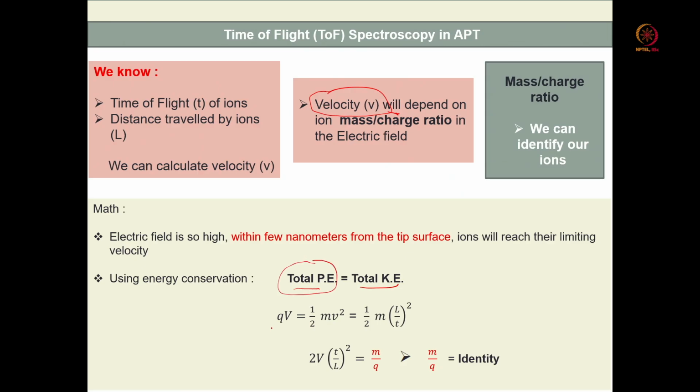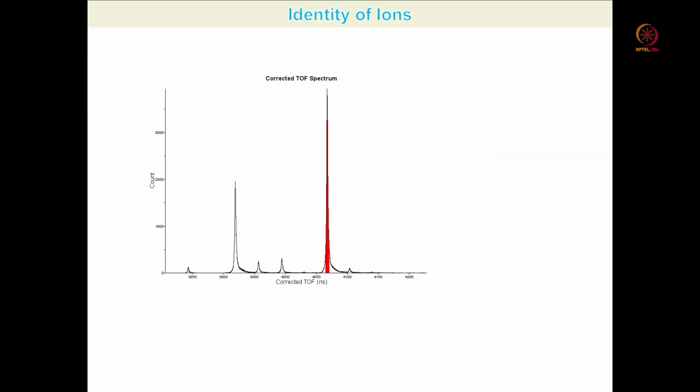Okay, and that can be given by QV, and there is a total kinetic energy, and the velocity is L by T, where T is the time taken. With this basic equation, you can evaluate the mass to charge ratio of that particular ion. So in this way we can identify the chemical species. So we have discussed the mass spectrum.